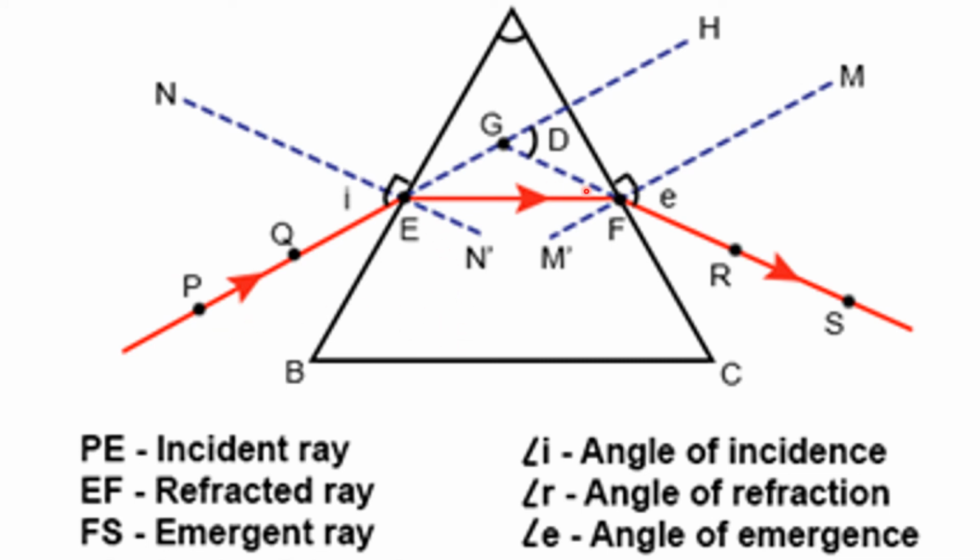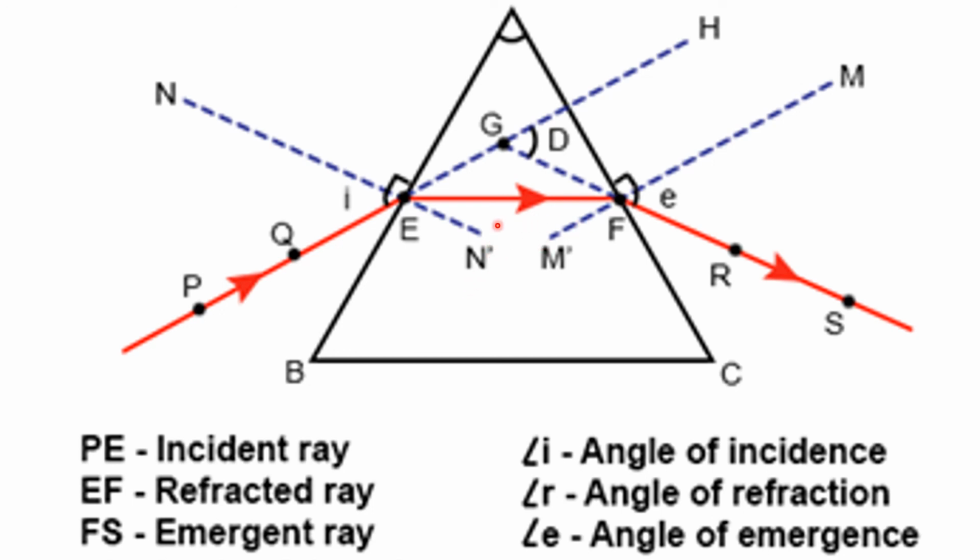It is refracted towards the normal, and this is the normal to this face, and it will deviate towards the normal as a light ray enters from a rarer medium to a denser medium, as you have studied in refraction of light.